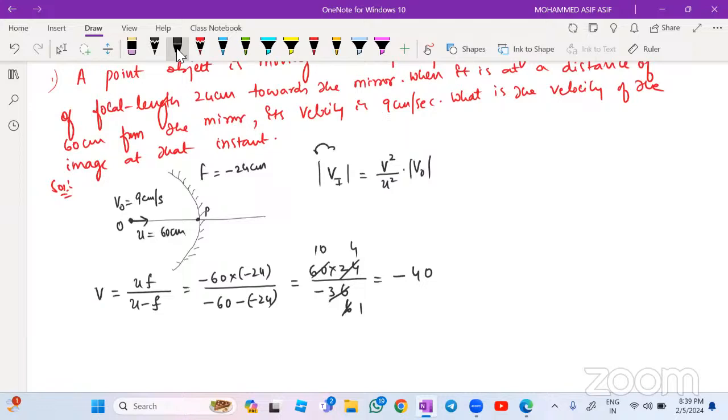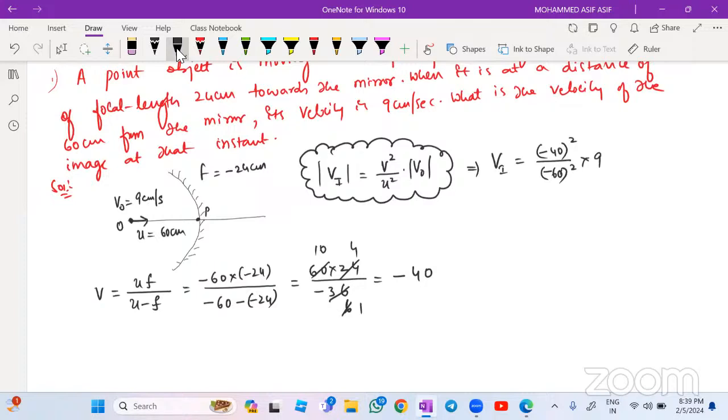So from this, I can use this formula. Velocity of image is equal to v square divided by u square, that is v by u whole square into velocity of object. So it is minus 40 whole square divided by minus 60 whole square into velocity of object, 9. So this 0 will get cancelled. So this will be 2 by 3 whole square into 9, that is 4 by 9 into 9. 9 gets cancelled.